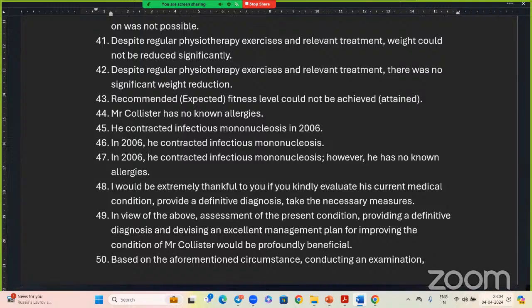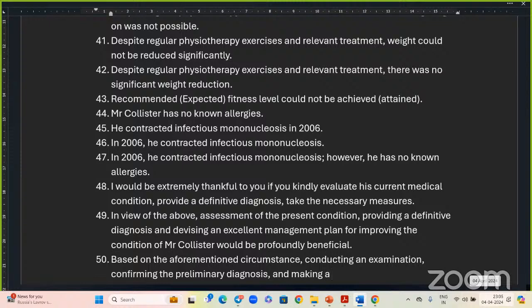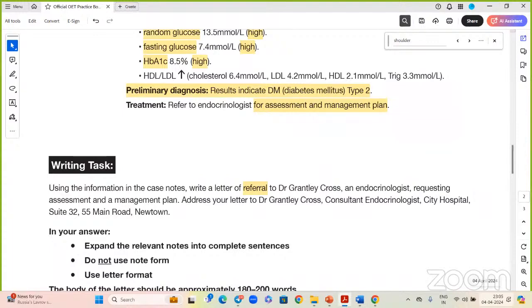Conducting an examination, confirming the preliminary diagnosis and making a goal-oriented management or treatment plan.